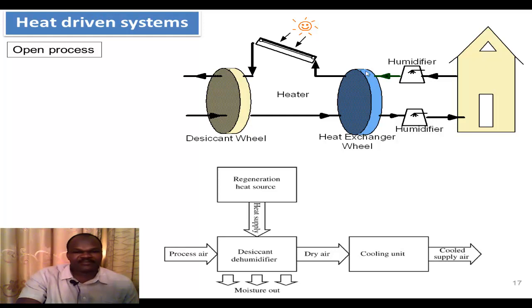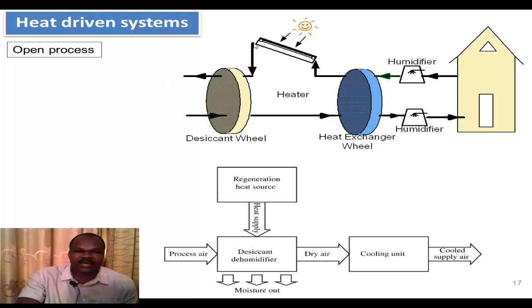The heat is very important because at the beginning your desiccant will absorb moisture, and you need to recover that moisture for the wheel to still work, because the wheel is turning and working. So you have absorbed moisture through the wheel, and you want to regenerate the wheel, so you need to take some of the moisture away.